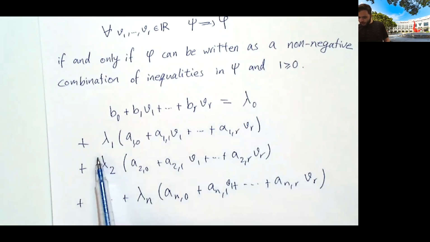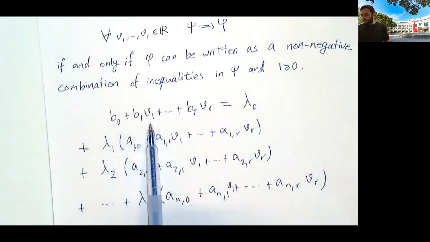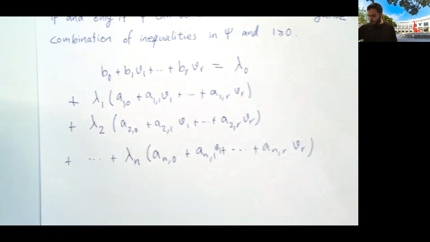What else do I have? I also have lambda 1, A10. I have lambda 2, A20, so on. So these are the coefficients of the units, and they should be equal on both sides. Then the multiplier of V1 should be equal on both sides. So B1 should be equal to lambda 1 times A11 plus lambda 2 times A21, so on, to lambda n times AN1.